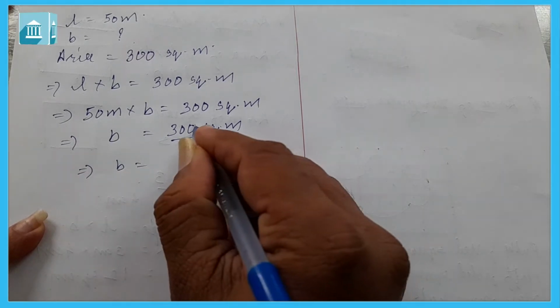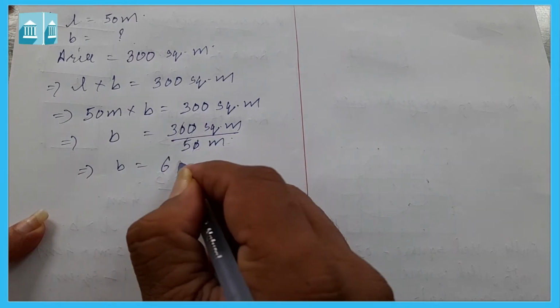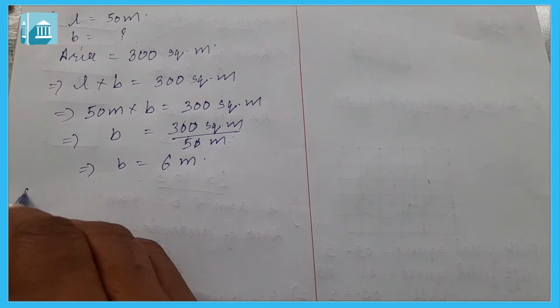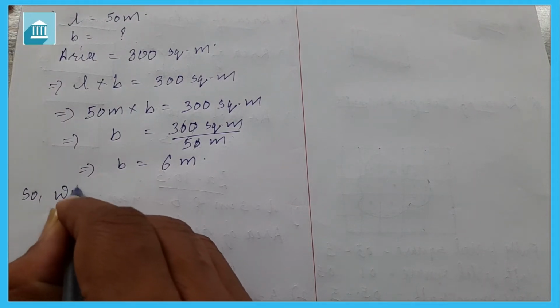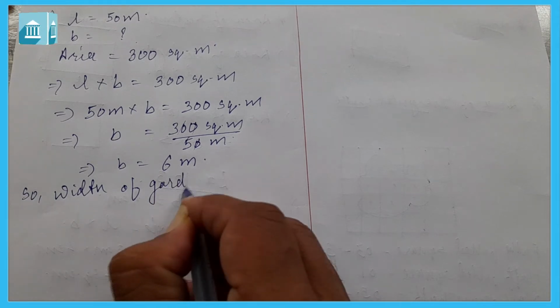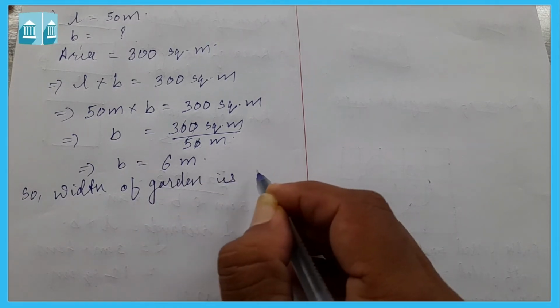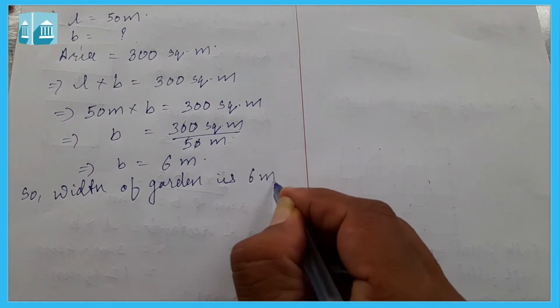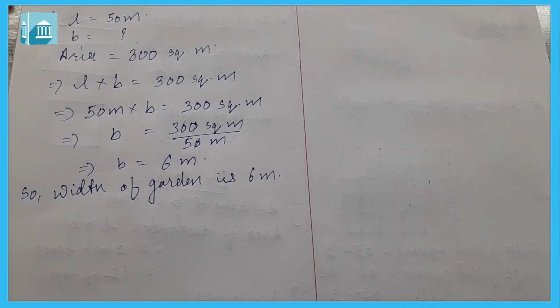B is equal to 6 meter. So the width of the garden is 6 meter.